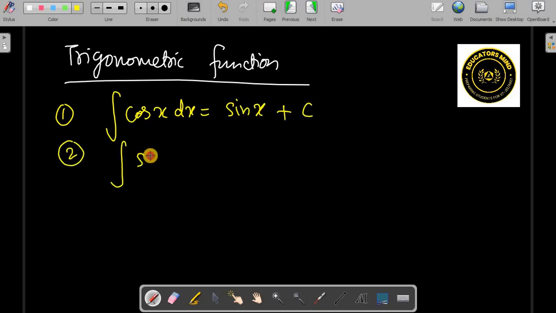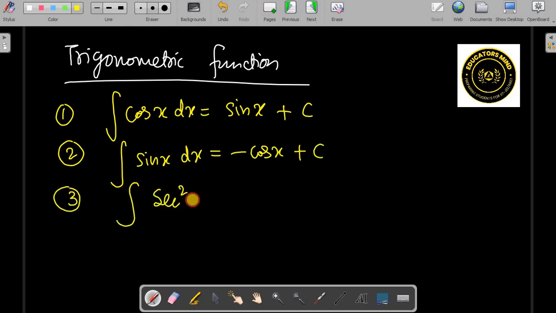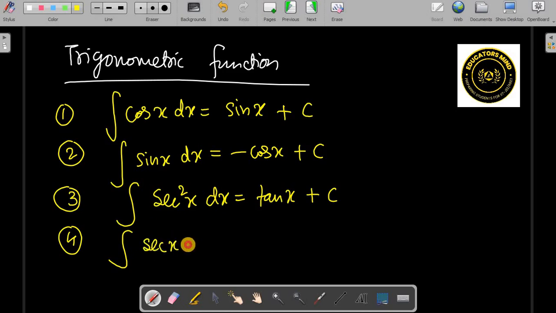Similarly, integration of sine x dx will be minus cos x plus c. Then similarly, integration of secant square x dx is tan x, because the differentiation of tan x is secant square x. Similarly, integration of secant x tan x dx is secant x plus c.